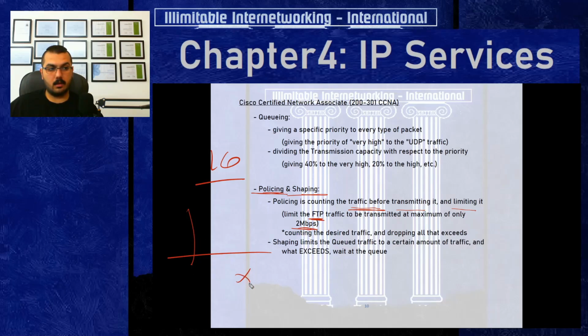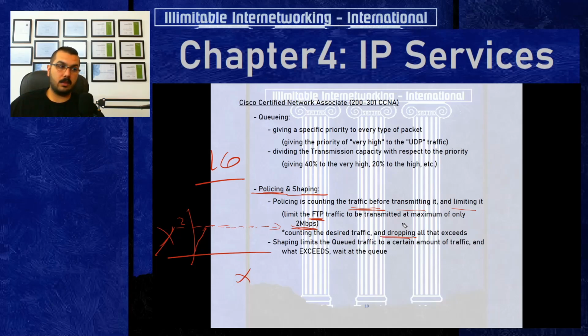Say you have generated FTP traffic, and this is the limit of 2 megabit per second, that was trying to be transmitted to the other end. Once it reaches 2 megabit per second, it will be transmitted all the time at 2 megabit per second. But the big problem is that, while counting the FTP traffic to limit it at only 2 megabit per second, the extra traffic that exceeds it will be dropped.